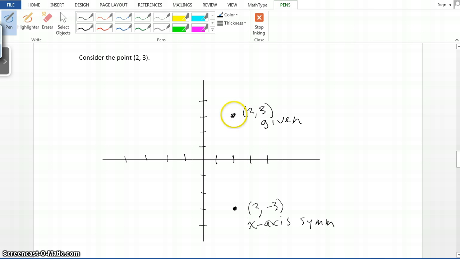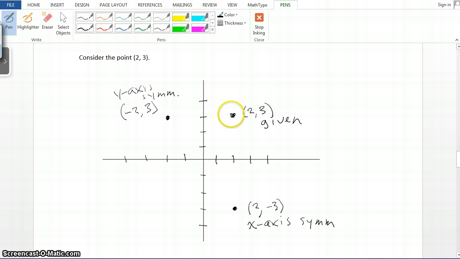Alright, let's go back up to the given point. Let's do it with the y-axis. Y-axis symmetry means it gets reflected straight through the y-axis, goes the same distance on the other side, ends up here. That's the point negative 2, 3. And that is y-axis symmetry. Alright, and the origin is a point right here.